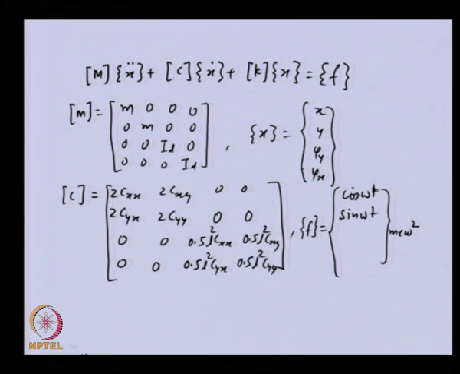These are forces, and then the moment will contain e z also apart from cos omega t and sin omega t. So this is the external force vector.